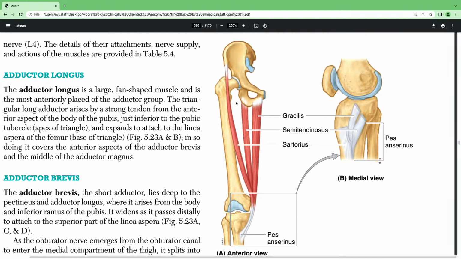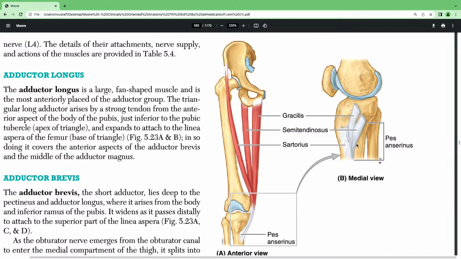How many compartments do we have in case of the thigh? 3. Anterior, posterior, medial. So, taking from each compartment one muscle: the sartorius muscle, the medially represented gracilis muscle, and the posteriorly represented semitendinosus muscle.